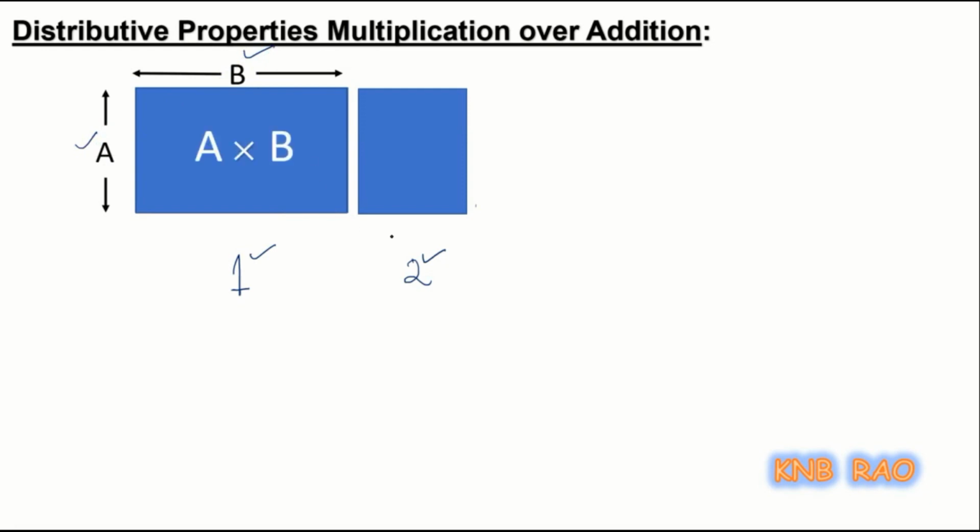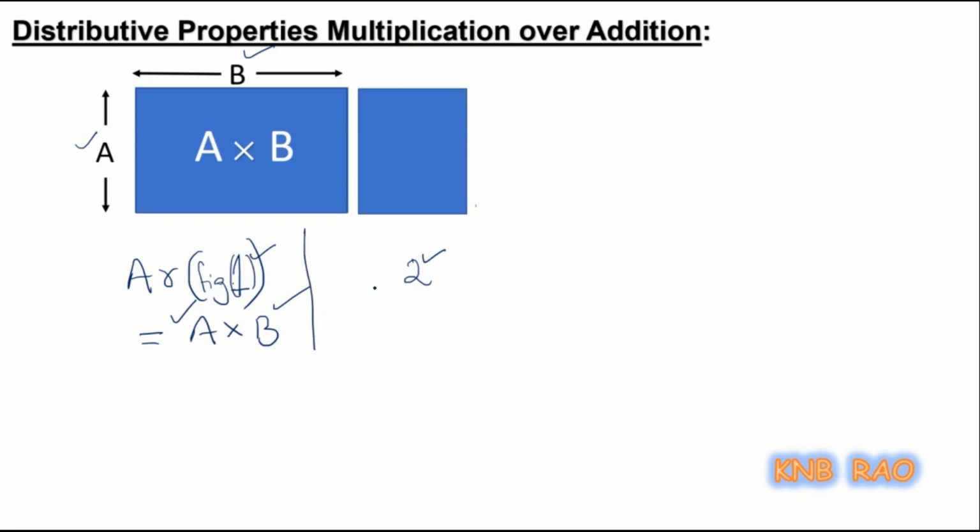Its area is A into B. I can say the area of the first rectangle is length into breadth, where length is B and breadth is A. So I have got A into B as the area of the first figure, or rectangle.